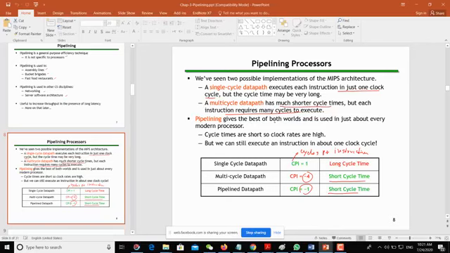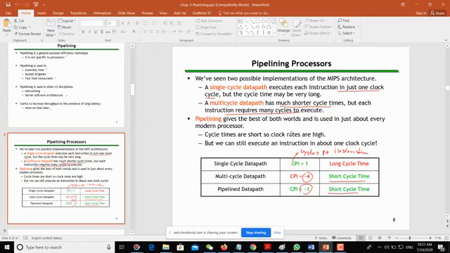Pipelining gives the best of both worlds and is used in just about every modern processor. It is a very efficient technique to apply to processes or jobs in computers.